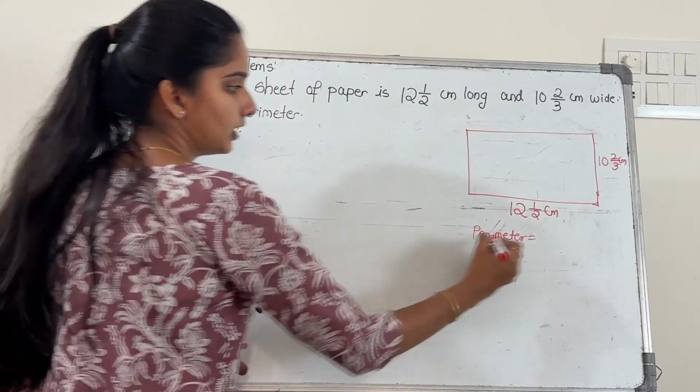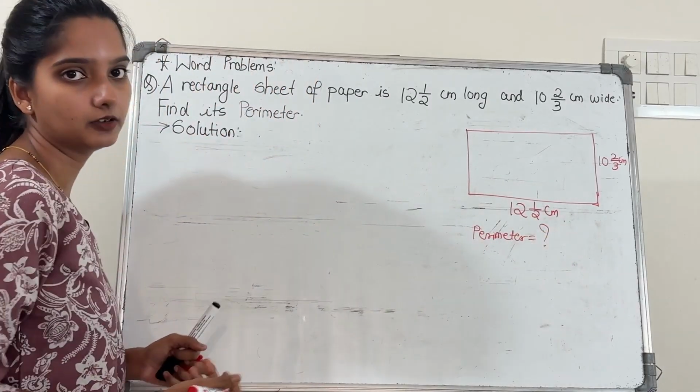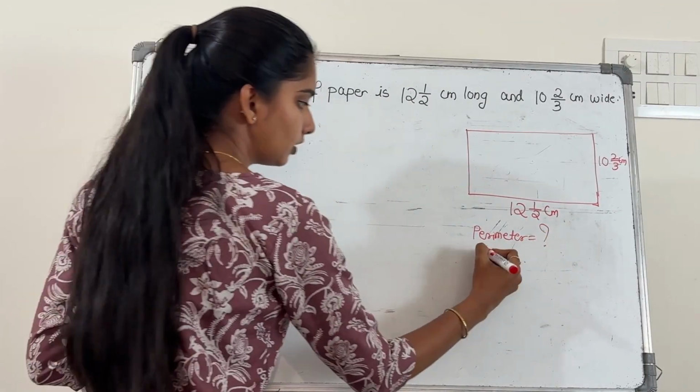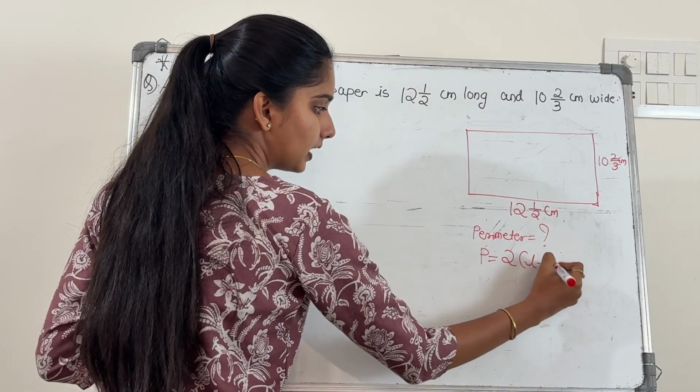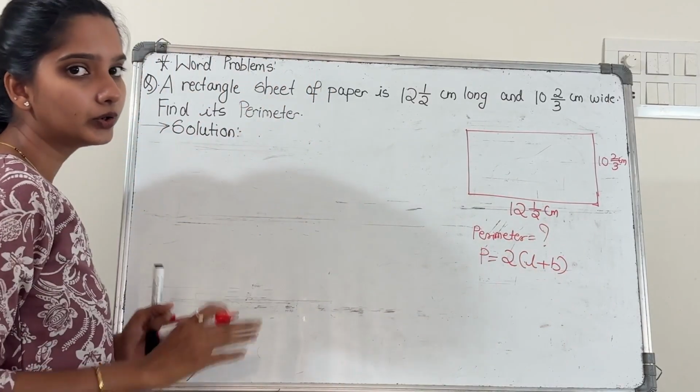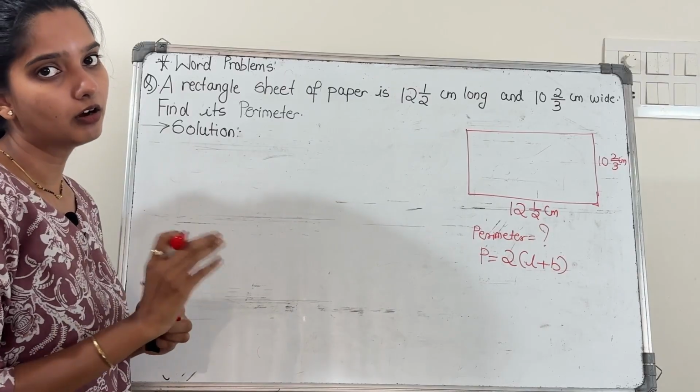In order to find the perimeter, what is the formula? The formula is 2 into (length plus breadth). You directly apply the formula.